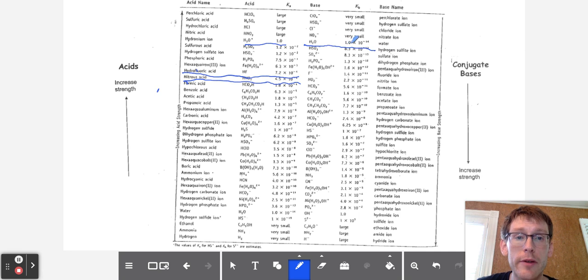Multiply these together and you get the Kw. But you could also do the same thing for hydrofluoric acid with 7.2 times 10 to the negative 4th as the Ka, and F minus has a Kb of 1.4 times 10 to the negative 11th. Take this and multiply it by this, and you're also going to get the Kw of 10 to the negative 14th, any slight deviation being a result of sig figs and rounding errors.